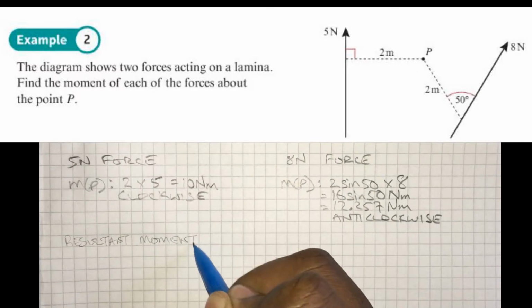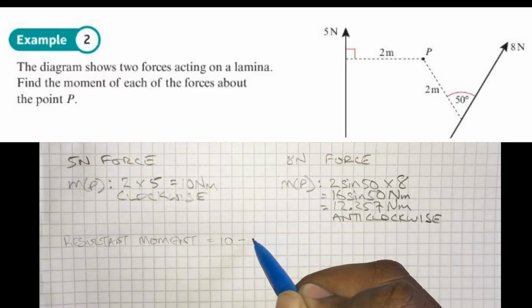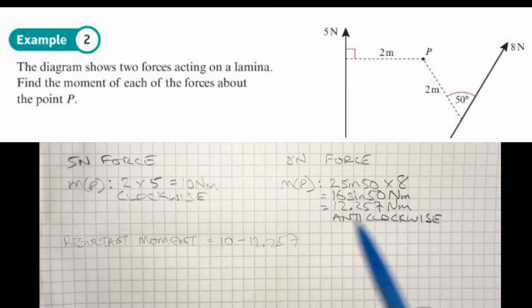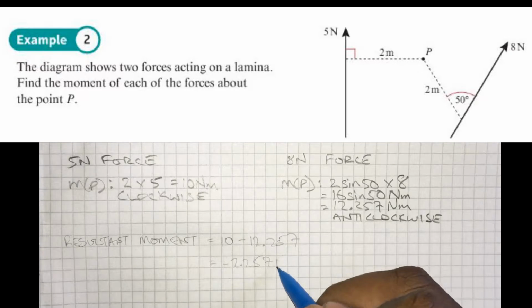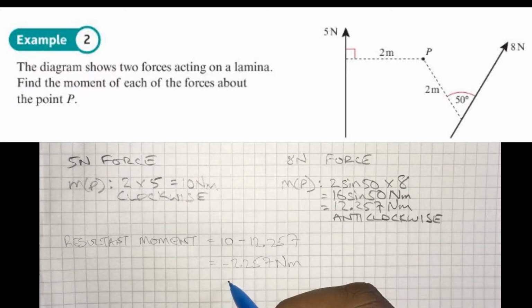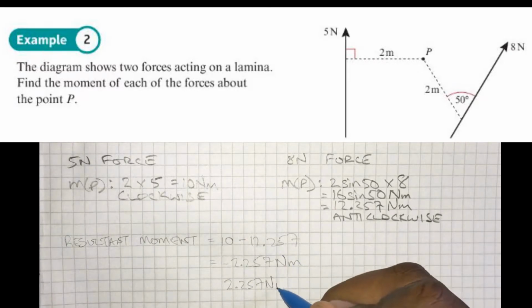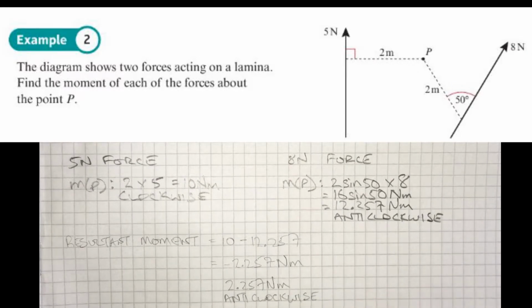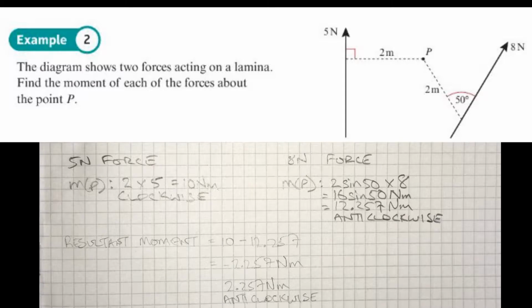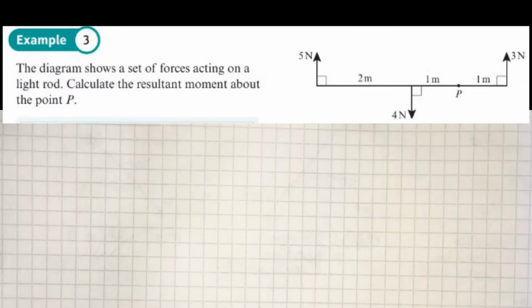The overall moment is going to be anti-clockwise, and taking the clockwise direction as positive, the anti-clockwise direction as negative, we can calculate how much anti-clockwise moment we have. Negative 2.257, which is 2.257 anti-clockwise.